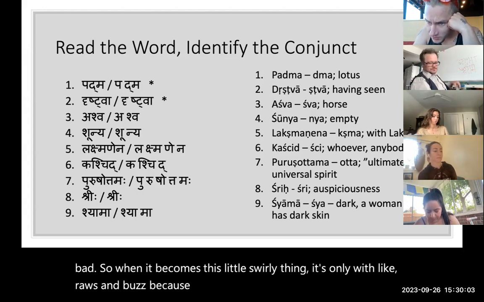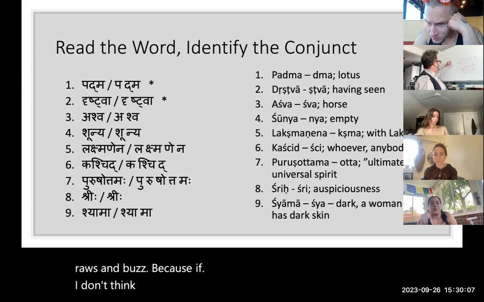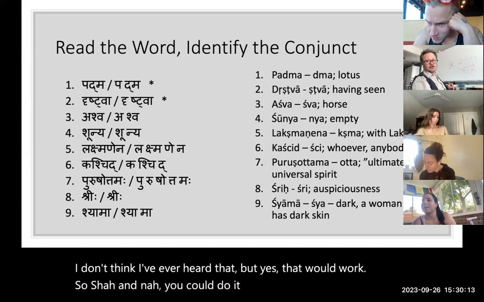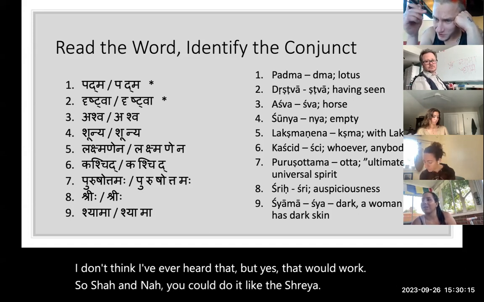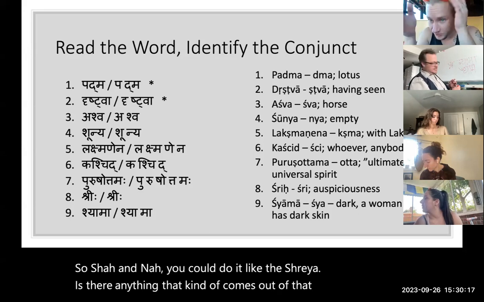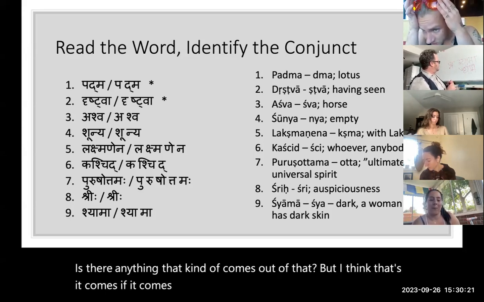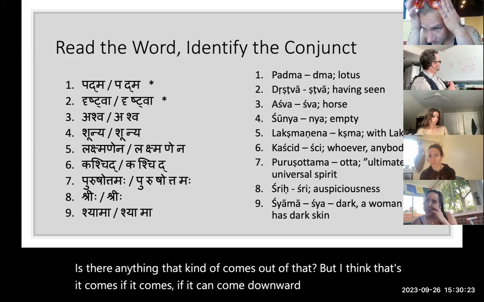Because no. I don't think I've ever heard that, but yes, that would work. So sha and na, you could do it like the shra. Just anything that kind of comes out of that little possibility. If it can come downward, no.